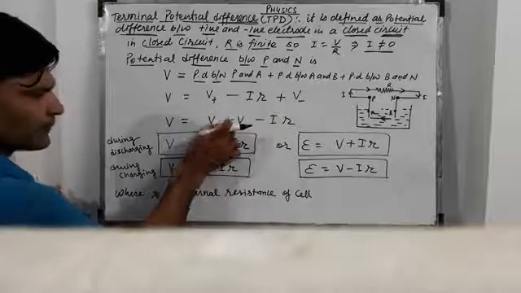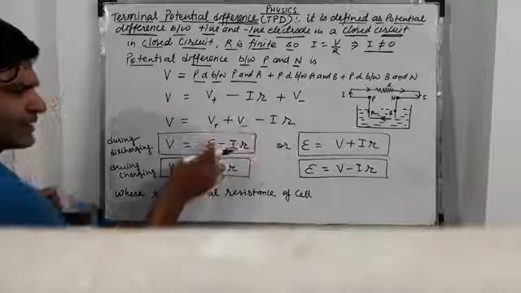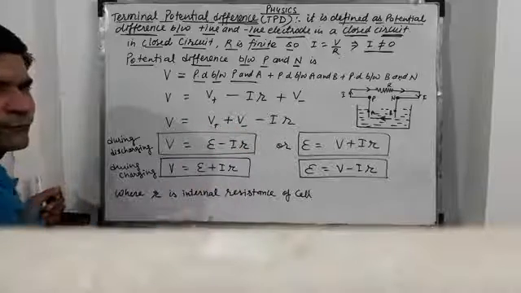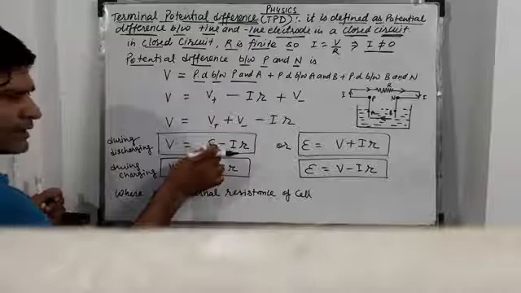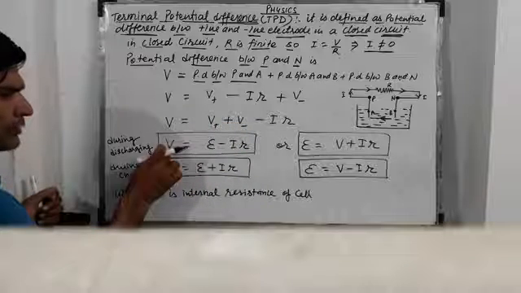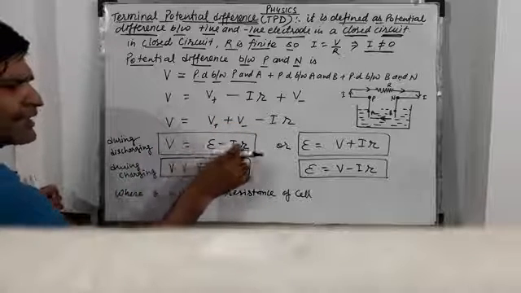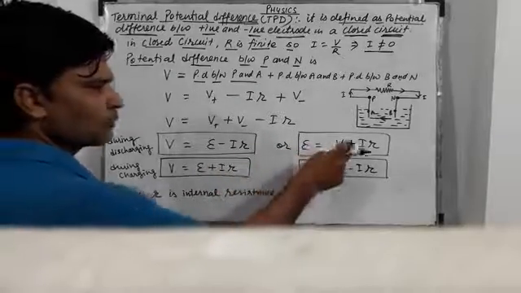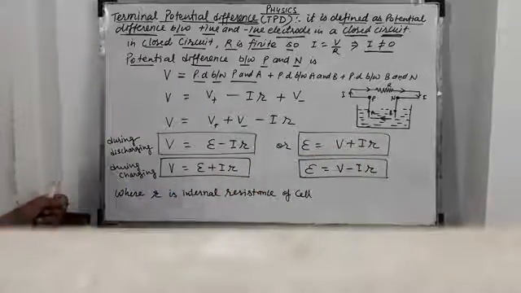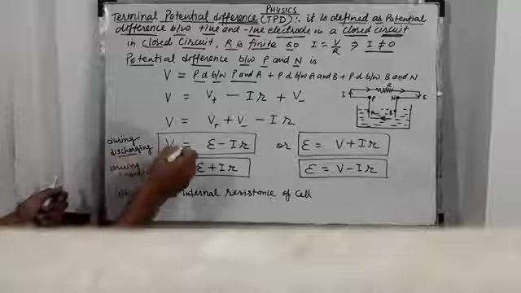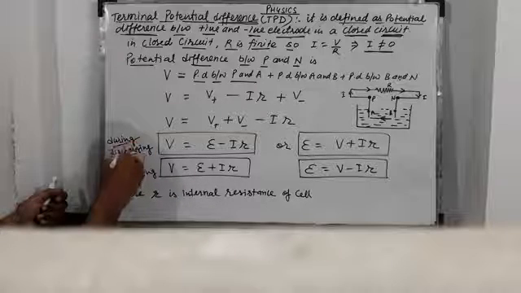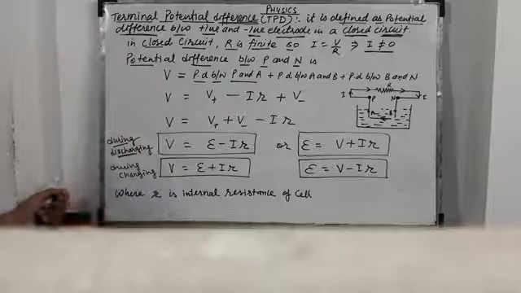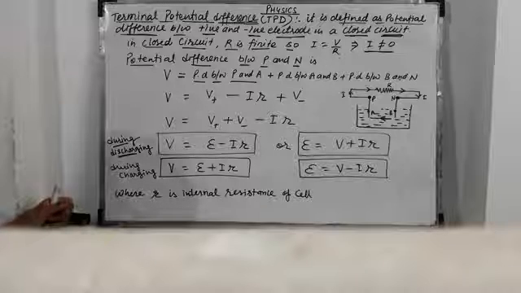But V plus V minus is EMF, E. So V is equal to E minus IR, or E is equal to V plus IR. These are the formulas during discharging of a cell or battery.